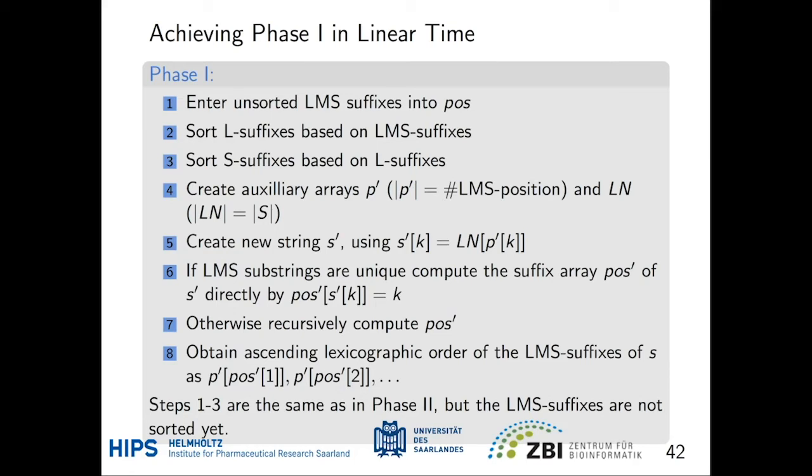I will now describe all these steps in detail. One thing that one needs to note here is that the first 3 steps are the same as in phase 2, but the LMS suffixes are not sorted yet. I will show that you can sort LMS substrings using this procedure.